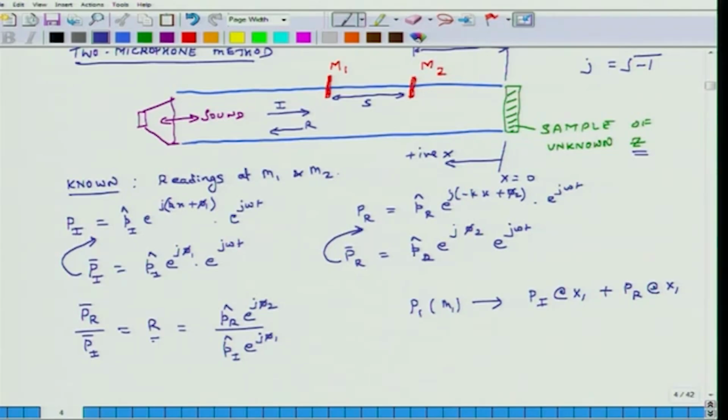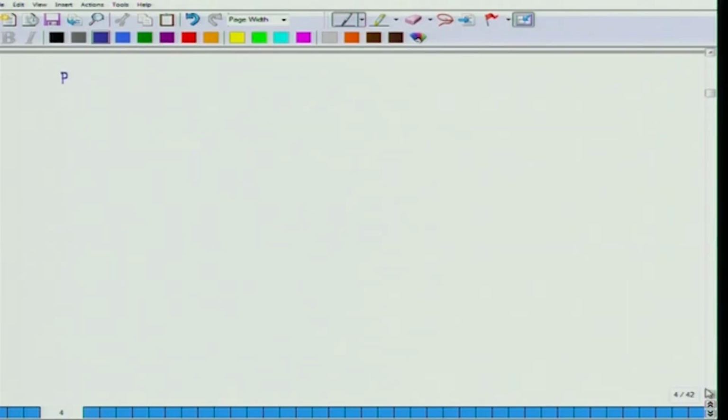So I will just write down these relations. P1, which is being calculated at location x1 and time t, is equal to Pi, which depends on x1, plus Pr calculated at location x1.